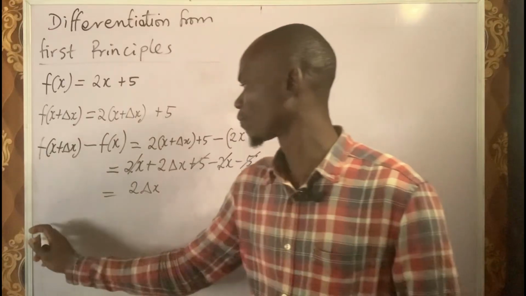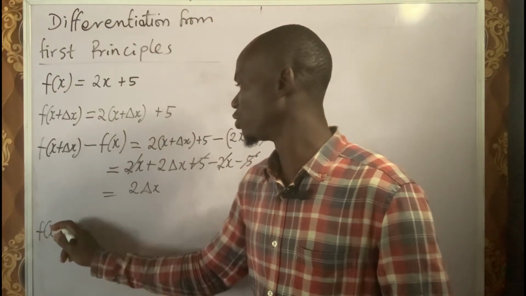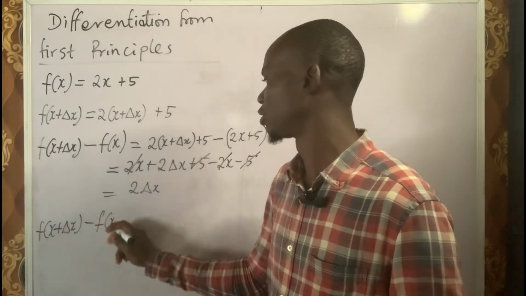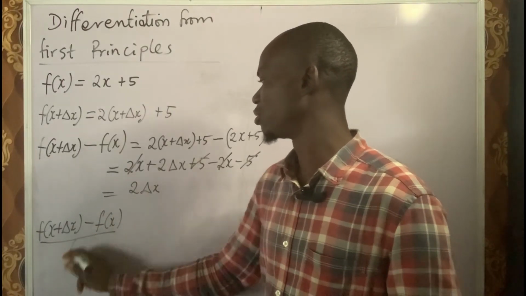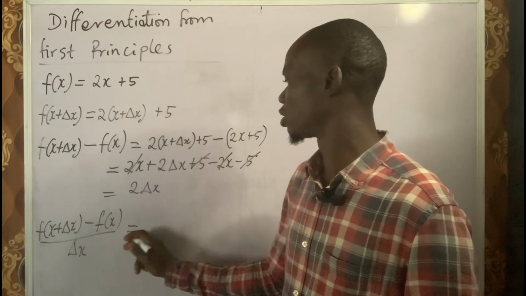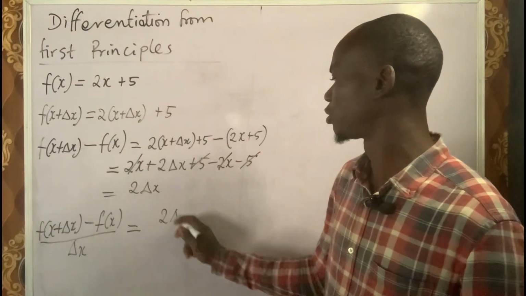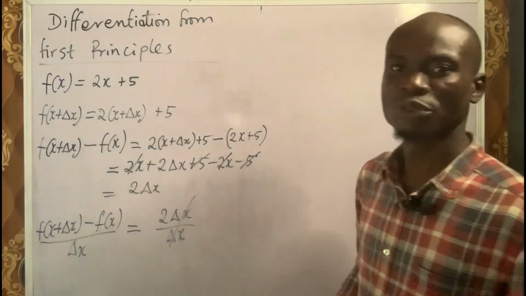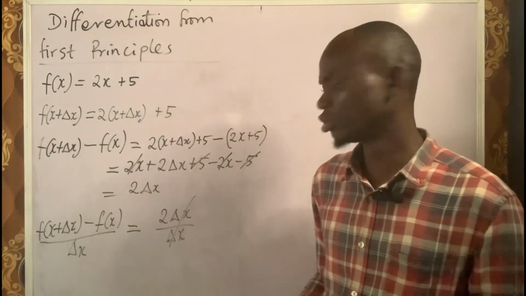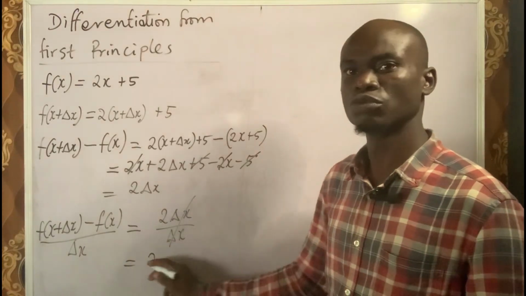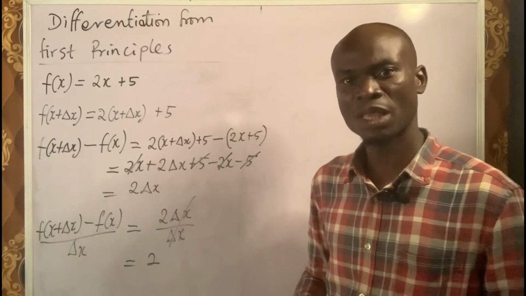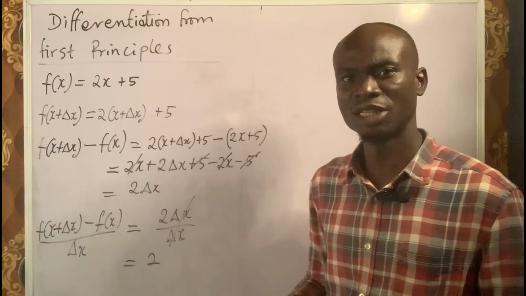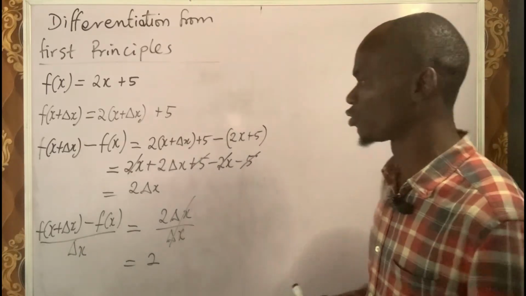So now I have the fourth step, everything in step 3, that is f of x plus delta x minus f of x, divided by delta x. So this is equal to 2 delta x over delta x. And as you can see, peacefully delta x is gone. What is remaining now is 2. You see? Still the same procedure. Now, the final step, which is taking limit as delta x tends to 0.